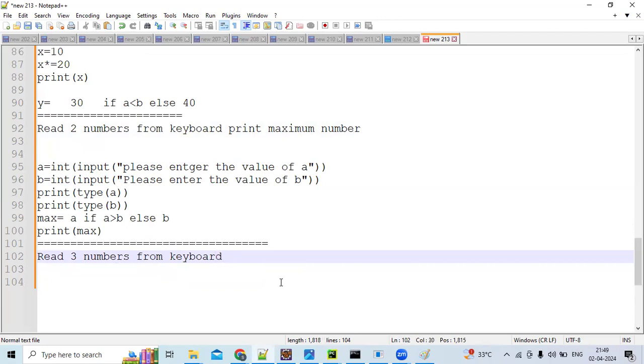Read 3 numbers from the keyboard. Print the maximum of 3. Am I correct, guys? What is your idea here?